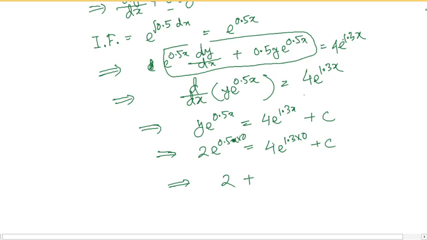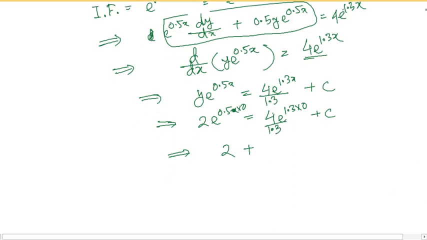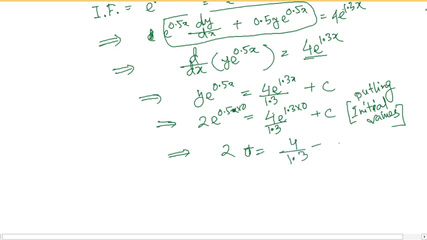When you integrate this thing, I'll be getting this divided by 1.3, as we know. This divided by 1.3. So whenever I put these initial values, this equals 4 by 1.3 plus c.